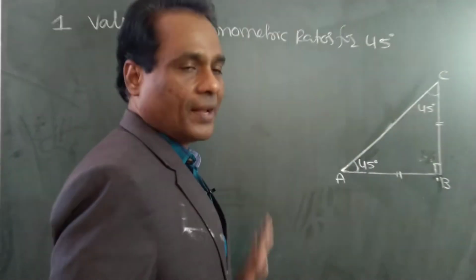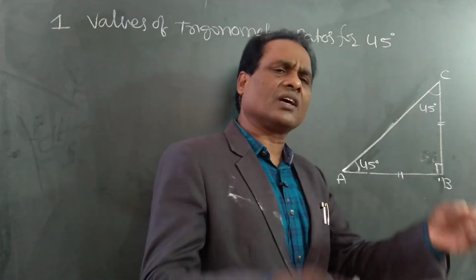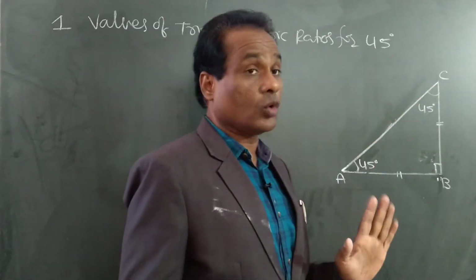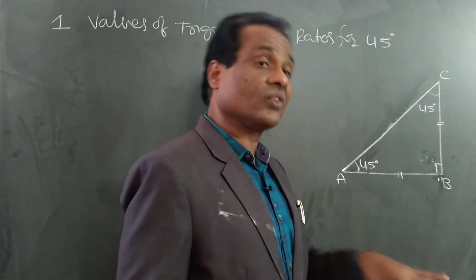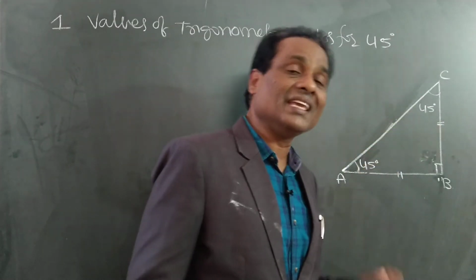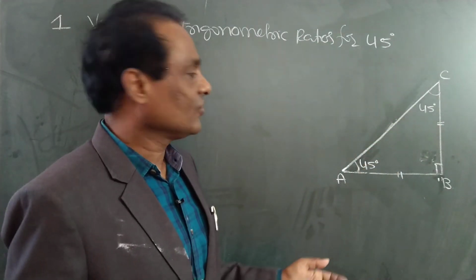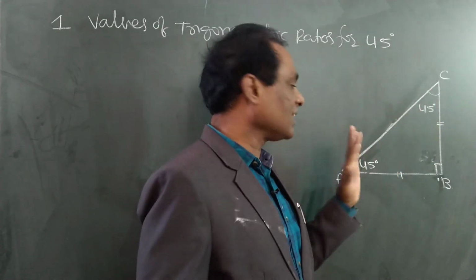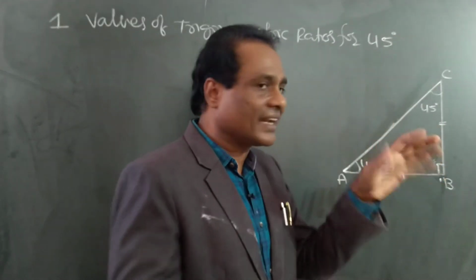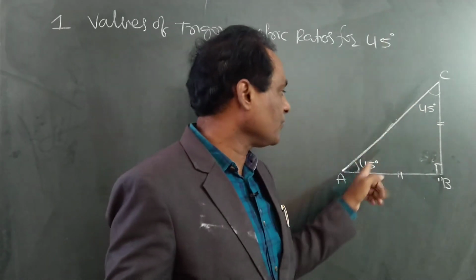This is the triangle I am taking. This is of course 90 degrees because everywhere we are taking the right angle triangle. These two angles we don't know. But I am taking an isosceles triangle, that is two sides are equal. If two sides are equal, two angles are also equal. If this is 90, the remaining will be only 90. 90 divided into two parts, 45, 45.